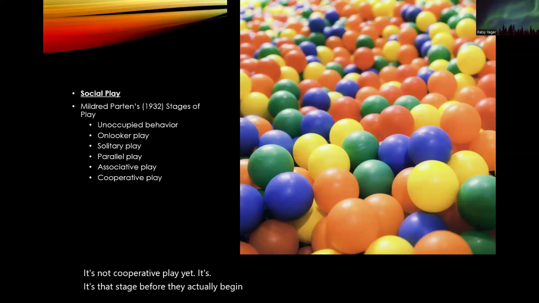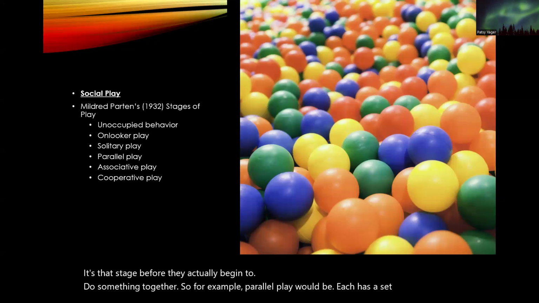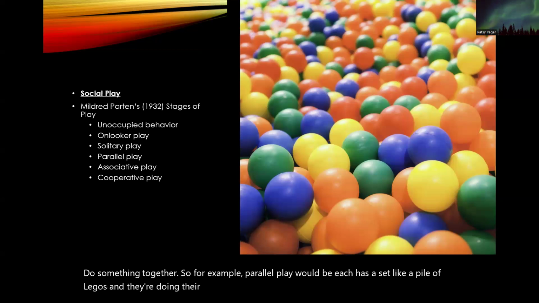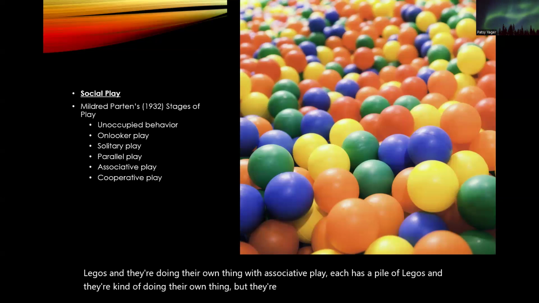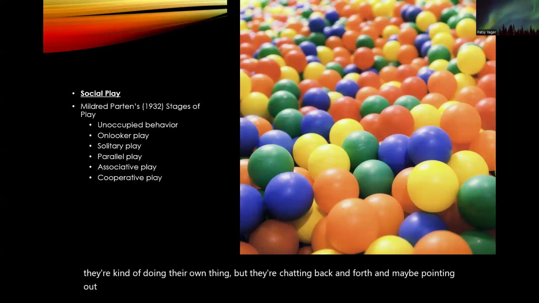So for example, parallel play would be each has a pile of Legos, and they're doing their own thing. With associative play, each has a pile of Legos and they're doing their own thing, but they're chatting back and forth and maybe pointing out different ideas to the other, what they might do, or if they're not sharing the Legos. Okay.